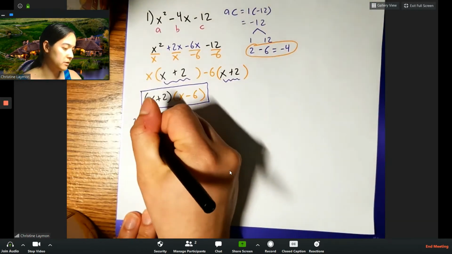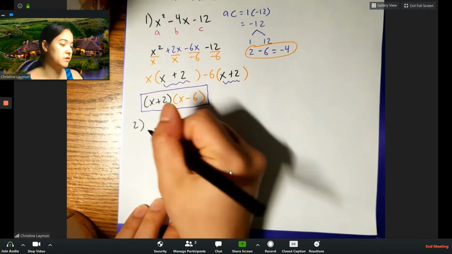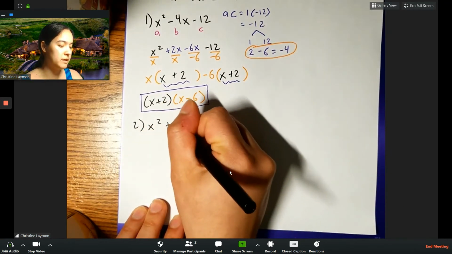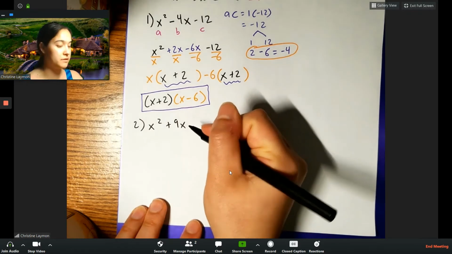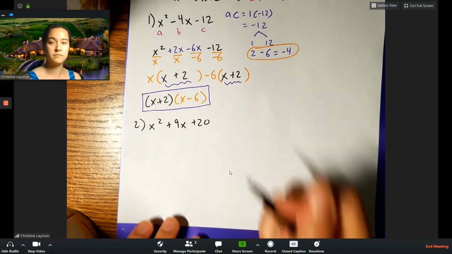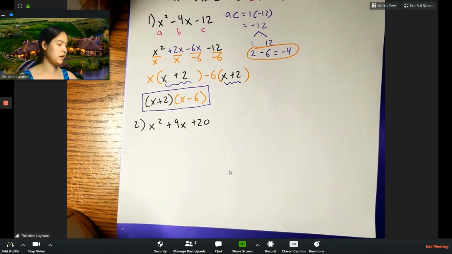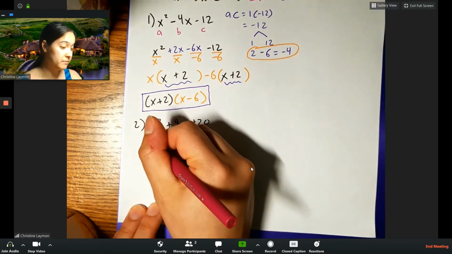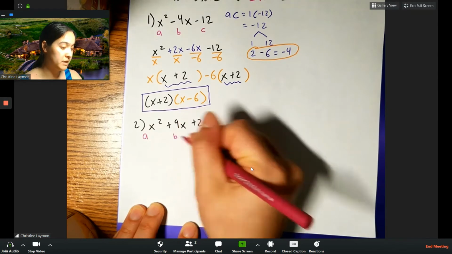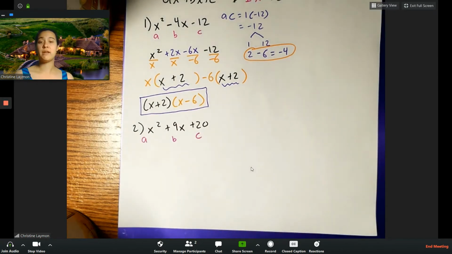Go ahead and take a look at question 2 here. I've got x squared plus 9x plus 20. As before, I'm going to label my A, B, and C. Something I should point out is that A, B, and C are the numbers.